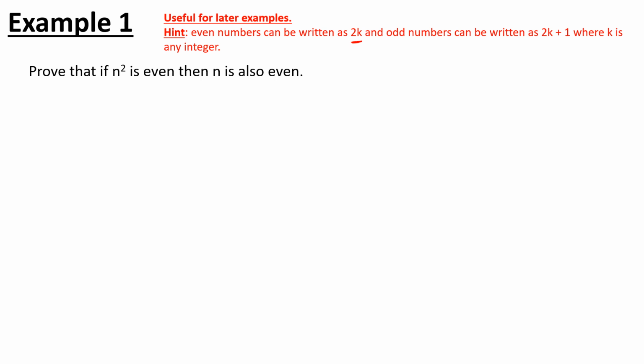And in a similar way, any odd number could be written as 2k plus 1, because if you take any number k and multiply it by 2, you get an even number. And when you add 1 to that, it always becomes an odd number. Of course, you could also use 2k minus 1, but I'm going to use 2k plus 1 here. These would only work, however, if k was an integer.